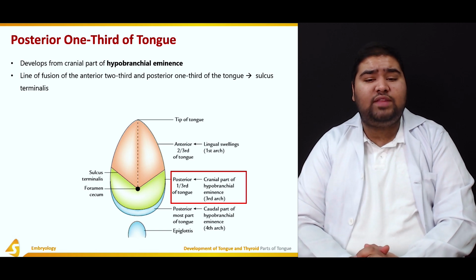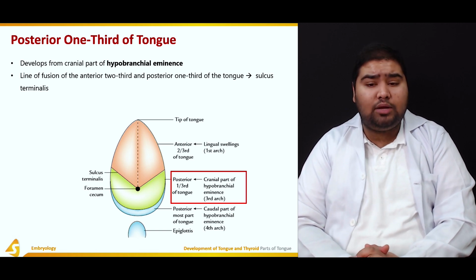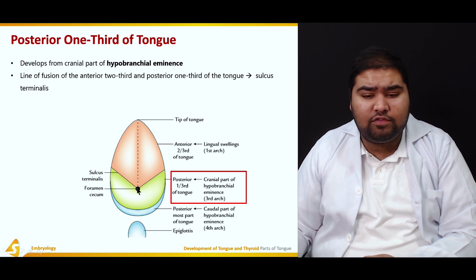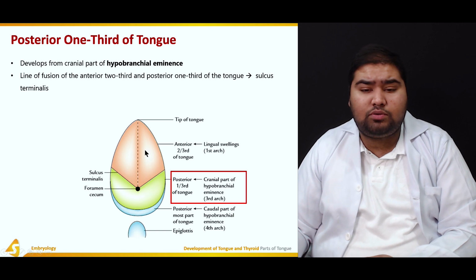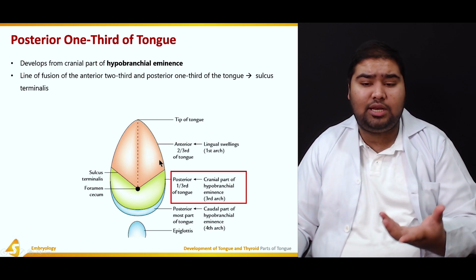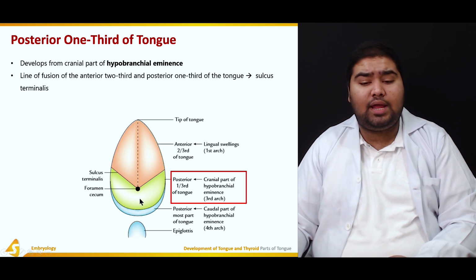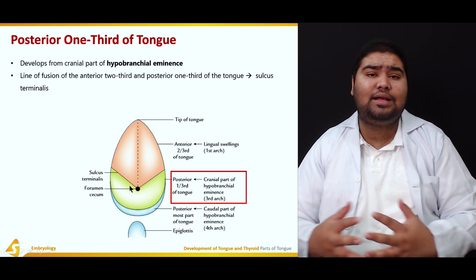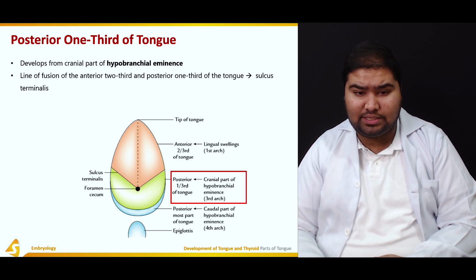The line of fusion of the anterior 2/3 and the posterior 1/3 of the tongue is the sulcus terminalis. So this line of fusion that lies between the anterior 2/3, that is the lateral lingual swellings, and the cranial part of the hypobranchial eminence, is marked by the sulcus terminalis in adults.